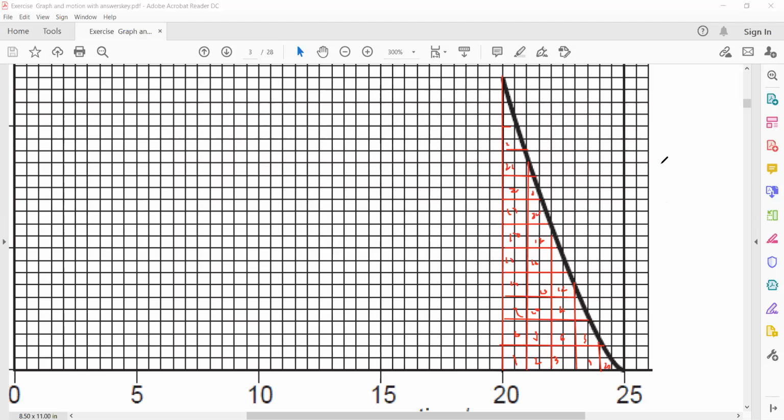So the approximate number of boxes is multiplied by the area of each box. The number of boxes I got is 25, multiplied by the area of each box. Its length is 1 and the height is also 1, so 1 into 1, the area of each box is 1. So 25 multiplied by 1, you will get 25.